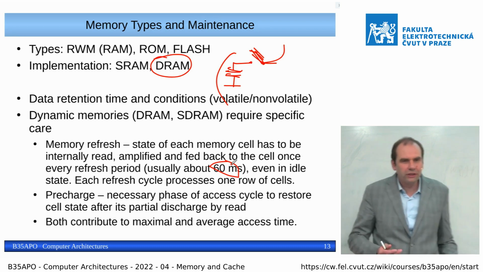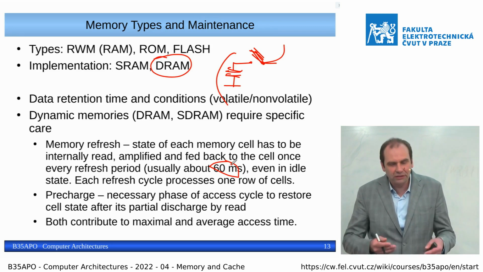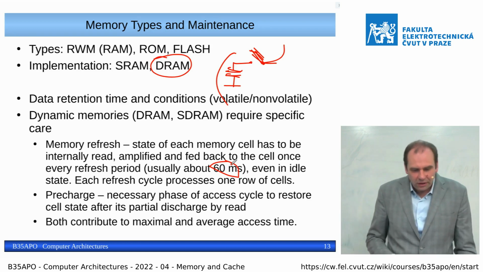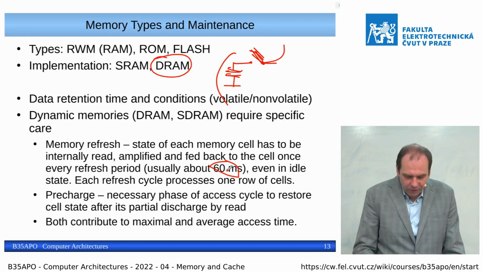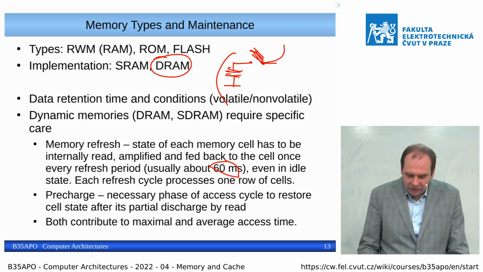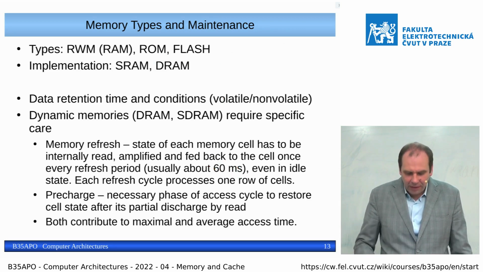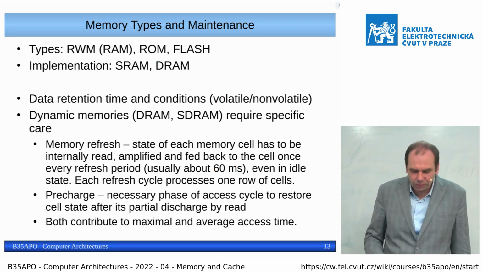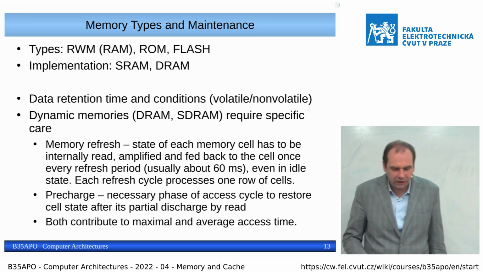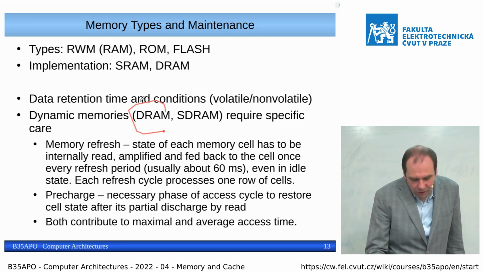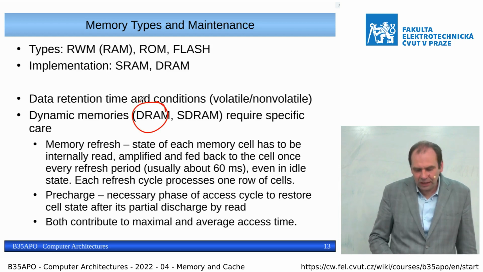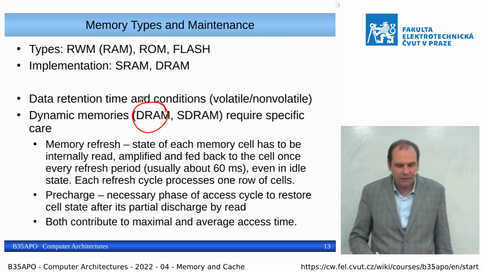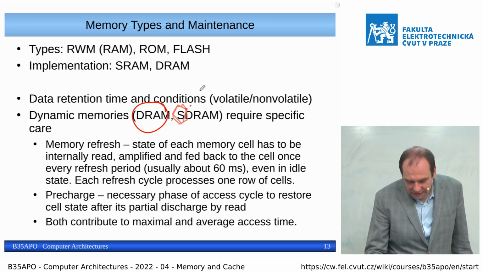For sure, if you wanted to read them through the processor and write them back, you would lose all the time on the refresh. So it is done directly in the memories, but they need activation of those cycles, which allows them to refresh.